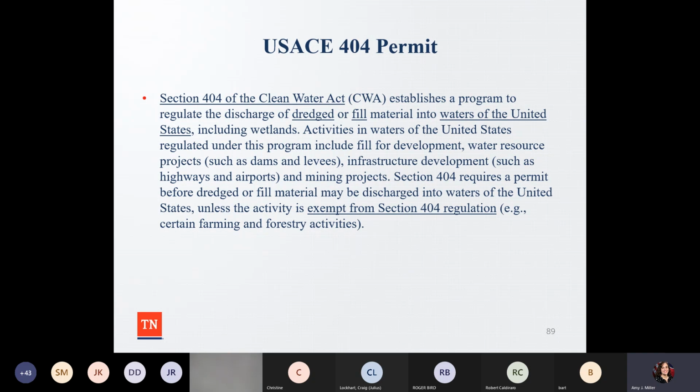Even though they're getting maybe a 401 or a 404 permit, they should be considering floodplain management to make sure of what the impact of flooding is on the community and the impact to adjacent property owners. So again, even if they're getting these federal permits, it's like that 1980 song, "Don't You Forget About Me." Don't you forget about floodplain management, and making sure that floodplain management regulations and requirements are also being met.